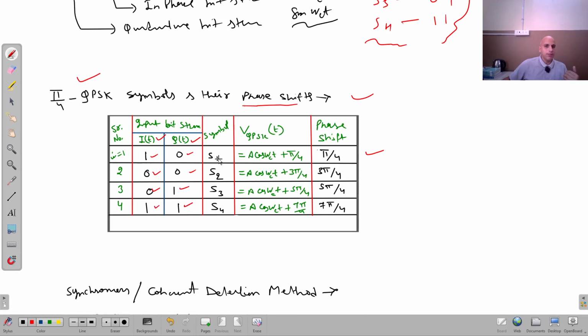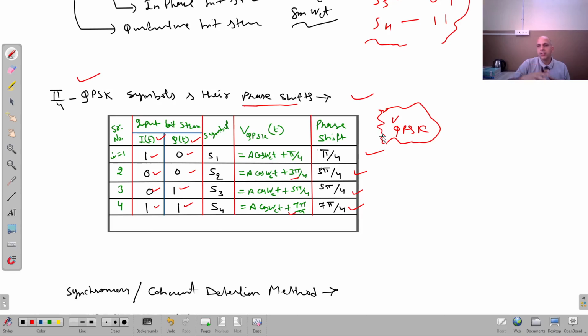The corresponding symbols are S1 equal to a cos of omega ct plus pi by 4, S2 equal to a cos of omega ct plus 3 pi by 4, then 5 pi by 4, and then 7 pi by 4. These are the corresponding phase shifts in the resultant modulated pi by 4 QPSK signal. All these things and this table were explained in that lecture.